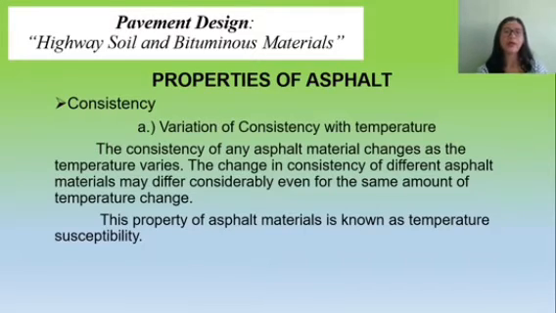This property of asphalt materials is also known as temperature susceptibility. Temperature susceptibility means the viscosity of the asphalt decreases as the temperature increases. The asphalt hardens and becomes brittle when the temperature goes down, and the asphalt softens at a higher temperature.